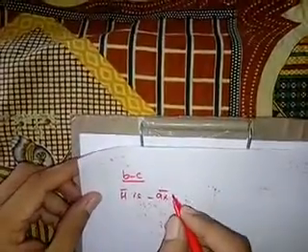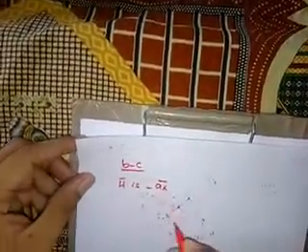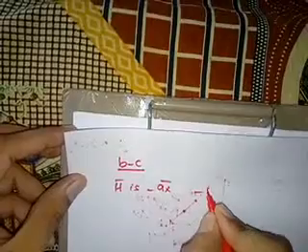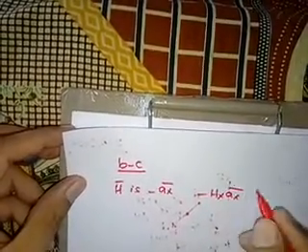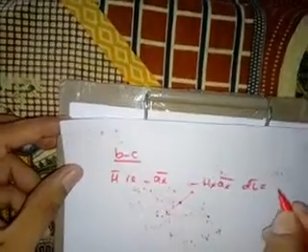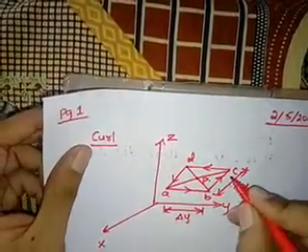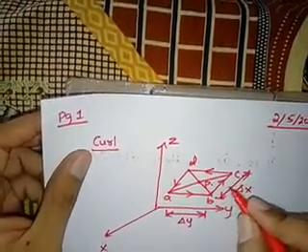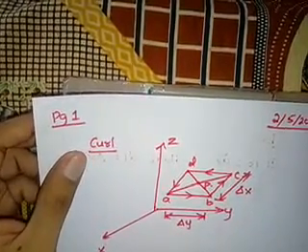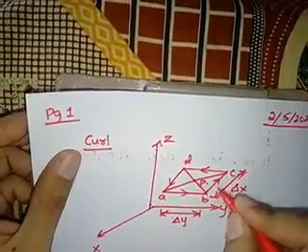So I can write H as minus Hx ax, and dl will be equal to delta x ax. What is dl? The elementary length, delta x here, with its unit vector ax. It is a length, so there is no positive or negative sign, delta x into ax.